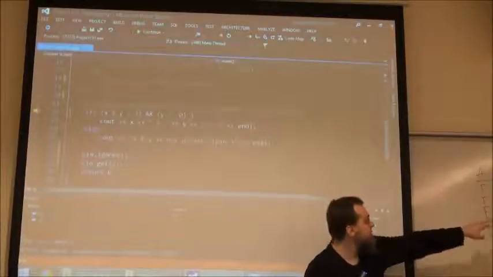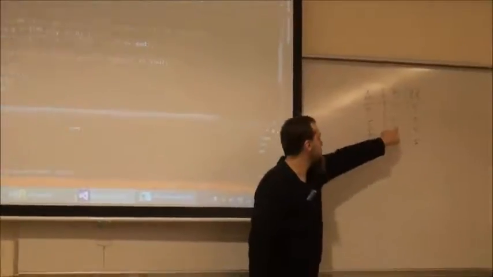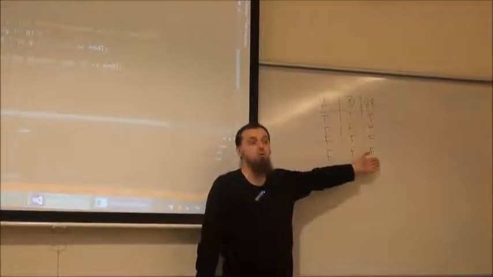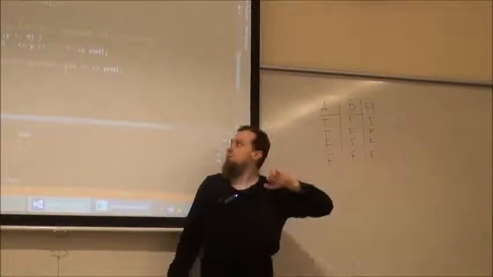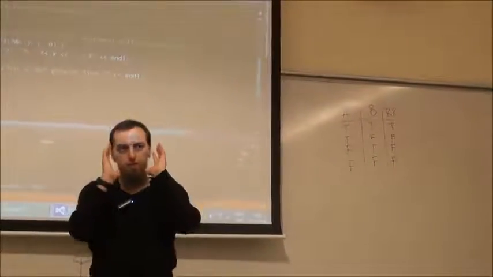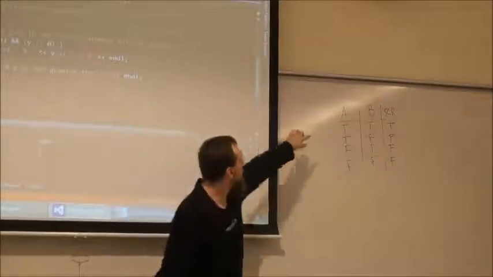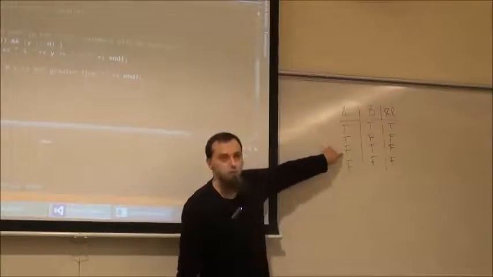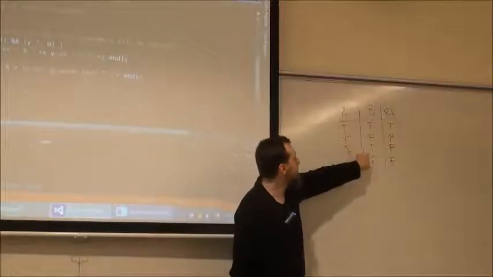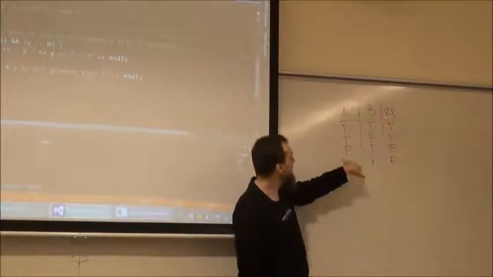If one of the statements is false, whether the first one or the second one, what is going to be the end result? True or false? It's going to be false. That's why what the computer did previously is it just checked the first statement. It was false. So we don't care about the second one because we have AND in between.